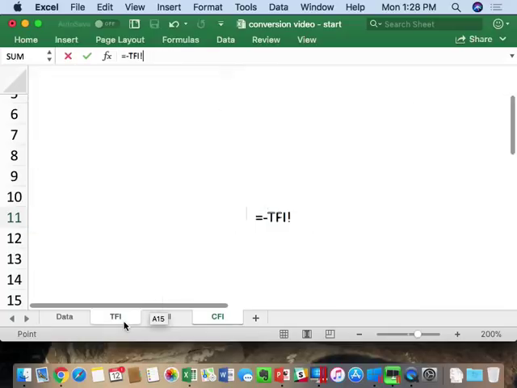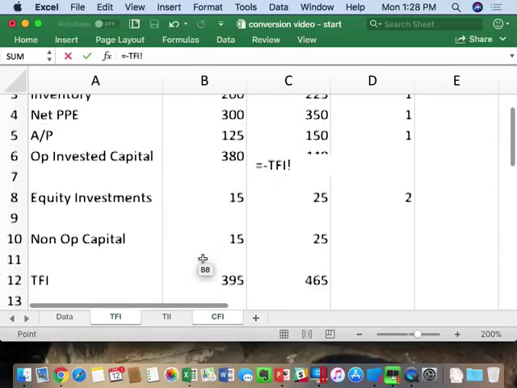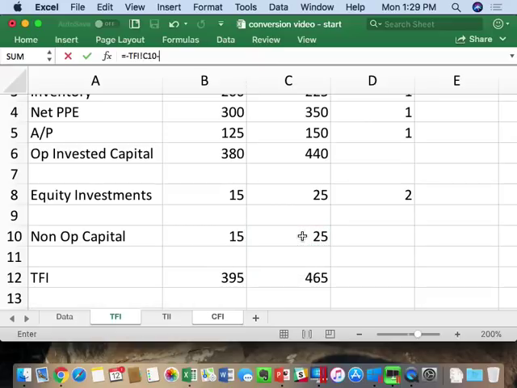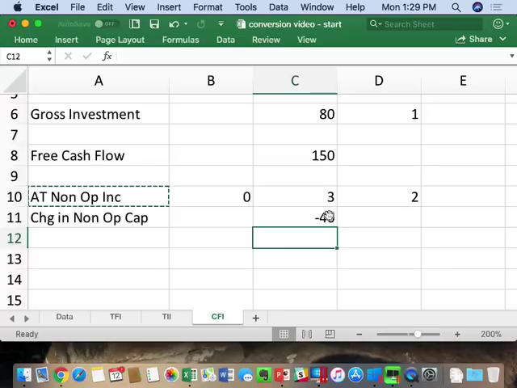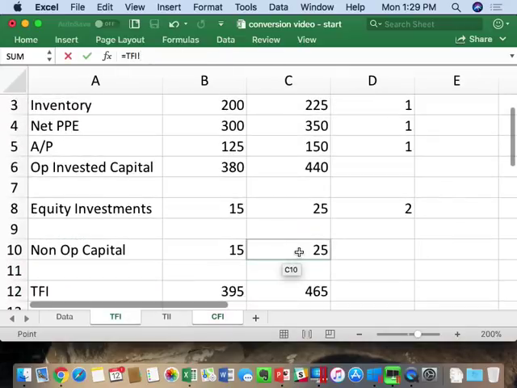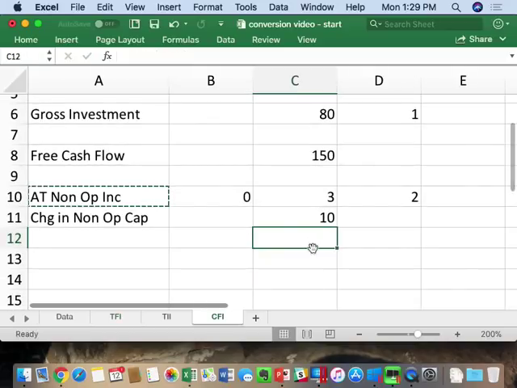Our non-operating capital went from 15 to 25, increased by 10.